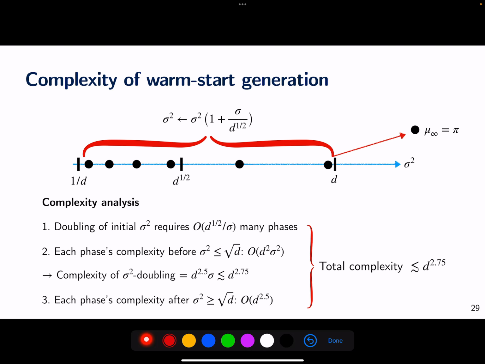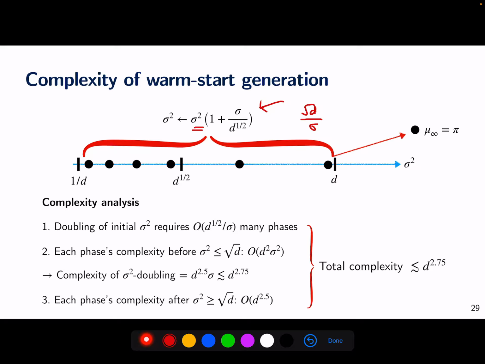And then, yeah, here is a summary of these algorithms and complexity analysis. According to this update rule, in order to double the initial sigma square, we basically need square root d over sigma many phases, right?